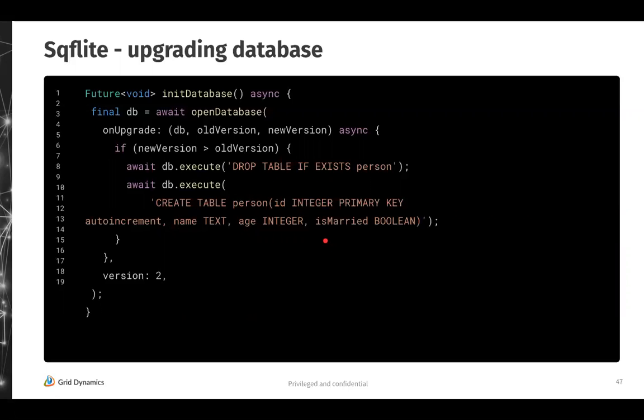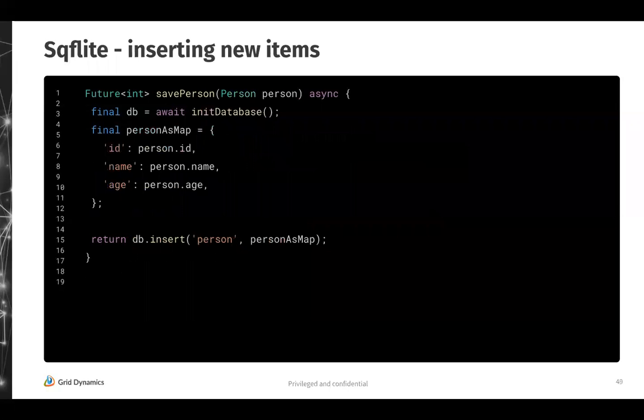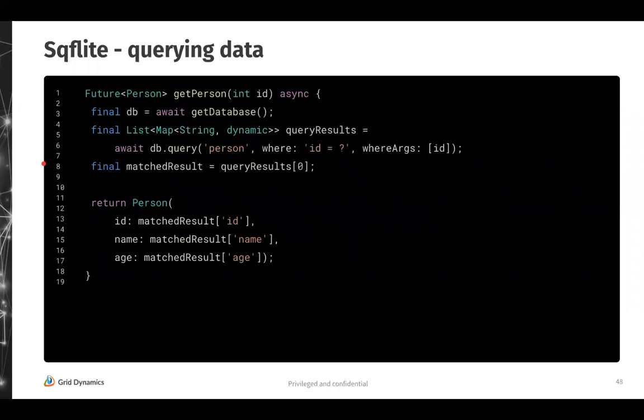But let's forget about this for a moment and let's go to some examples of data manipulation. So it is possible for sure to query some data from the database using a method called query. And as you can see here, we have to tackle yet another problem on our own.